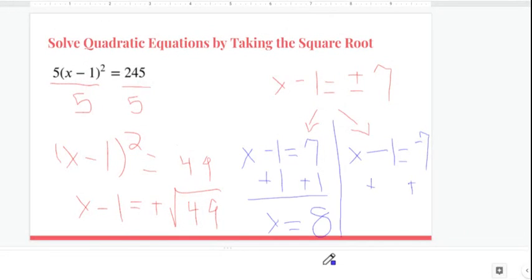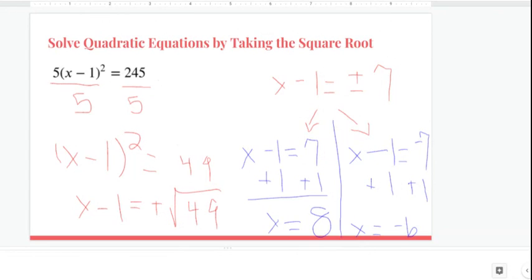To solve the first equation, I'm going to add 1 to both sides, and I'll have x equals 8. To solve the second equation, again, I'll add 1 to both sides, and in this case, I will have x equals negative 6. If I substitute those two values in, 8 minus 1 is 7, and 7 times 7 is 49, times 5 is 245.